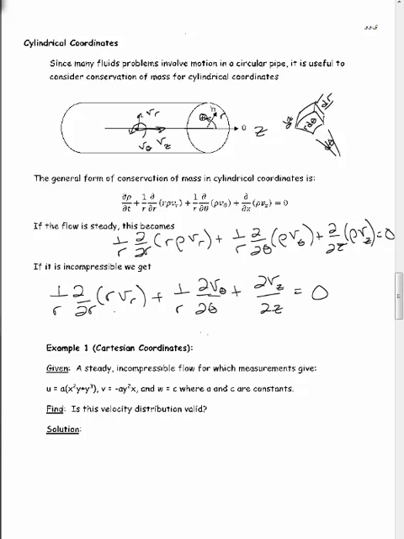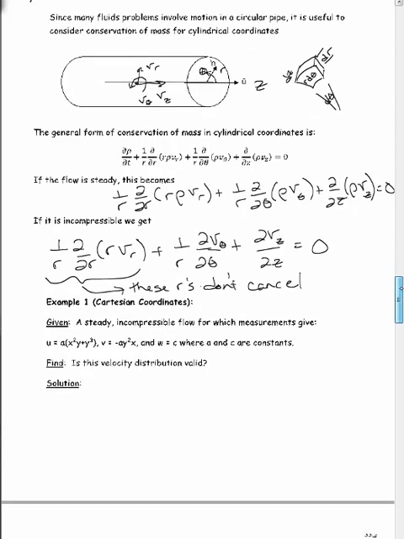Okay, this little term here, the r vr, is a little bit weird, but all you need to do is remember to multiply your vr by r before you take the derivative. Don't try to cancel this r with this r, they don't cancel. Let me write that down, that's a very common mistake. These r's don't cancel because one's inside the derivative and one's outside, so you can't just cancel them, and they are variables, they're not constants.